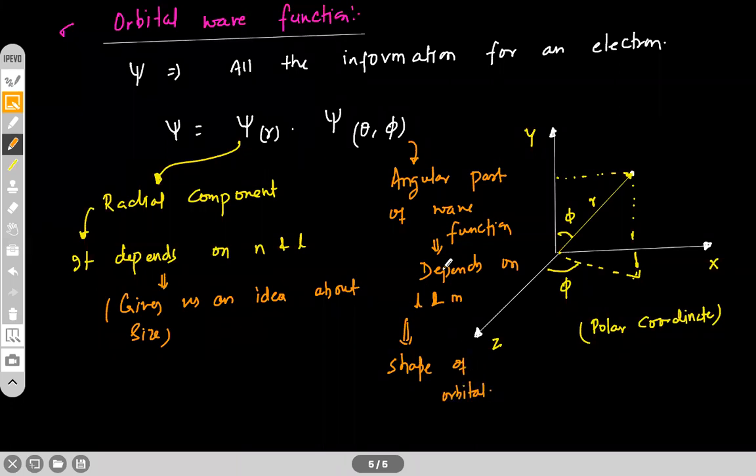Because once we know L, we know the orbital, and hence we know the shape also.